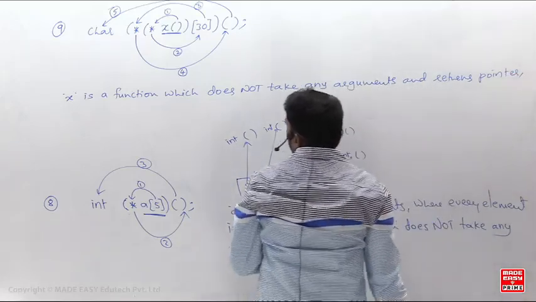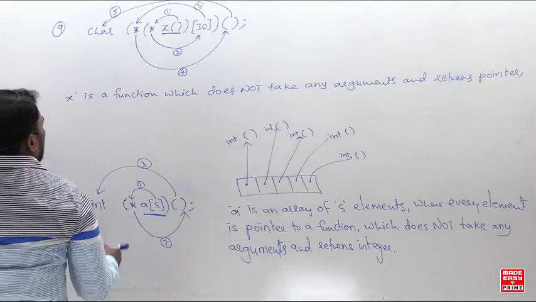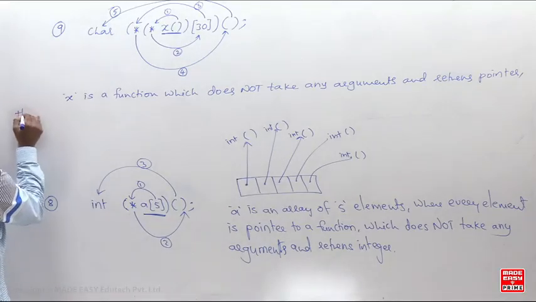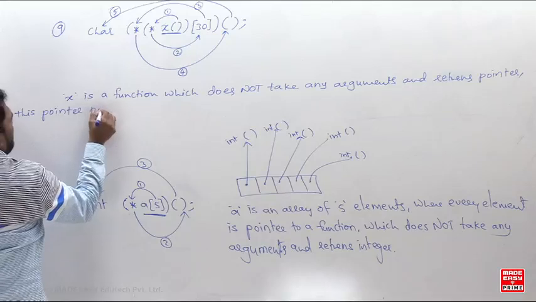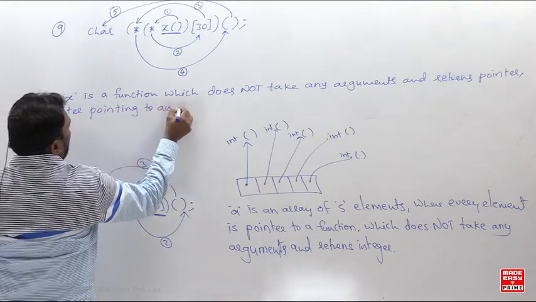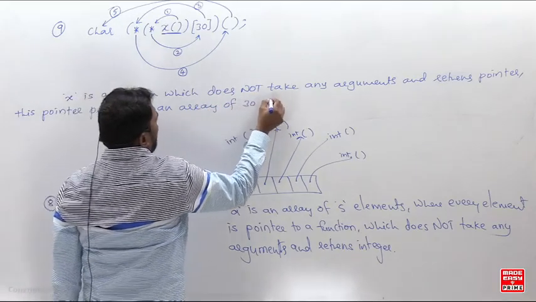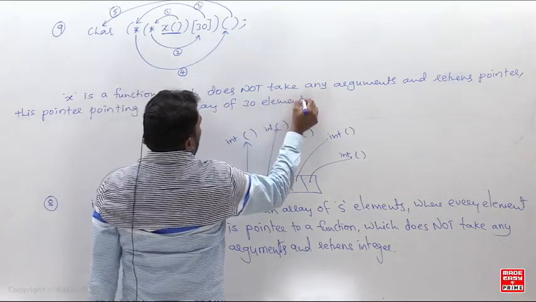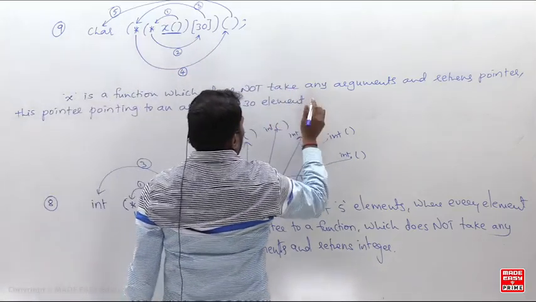That's it. This pointer is pointing to an array of 30 elements. What is this pointer pointing to? This pointer is pointing to an array of 30 elements.